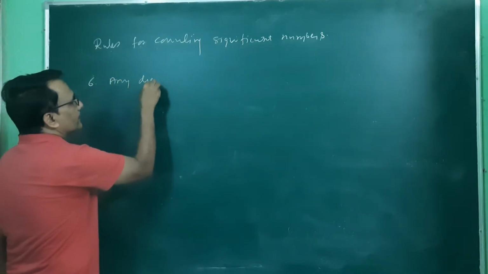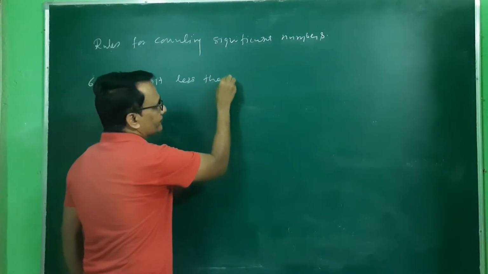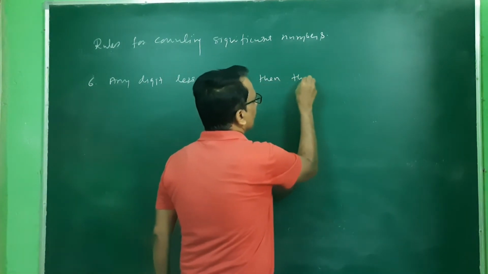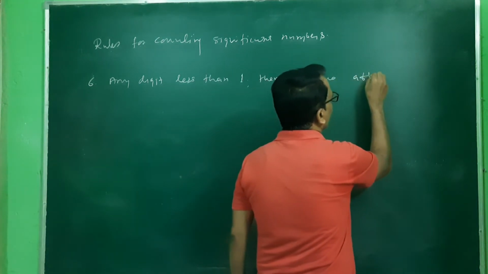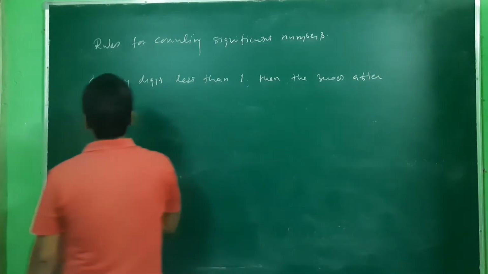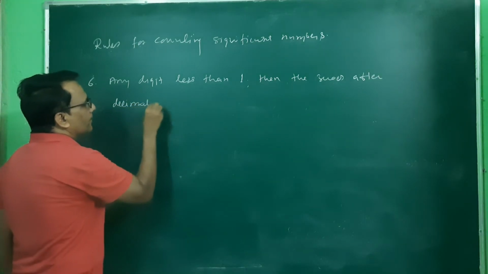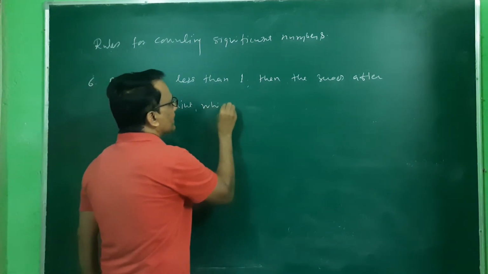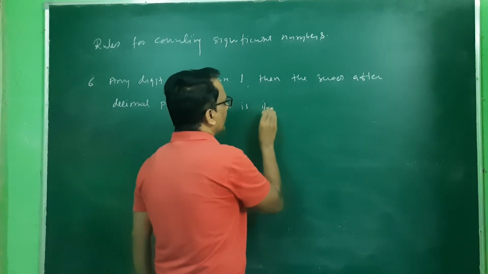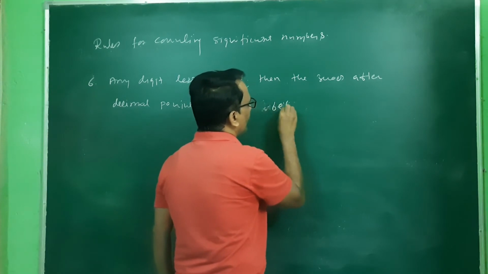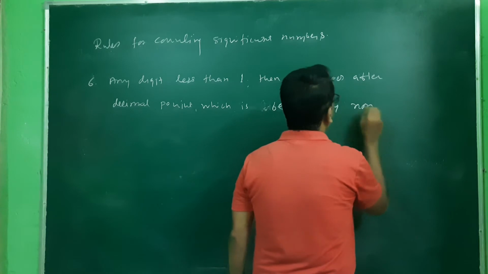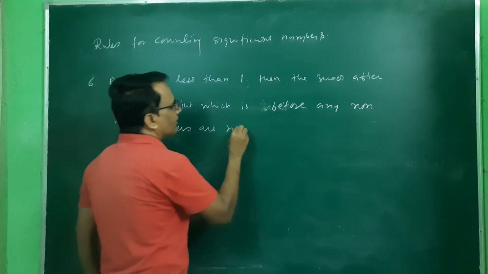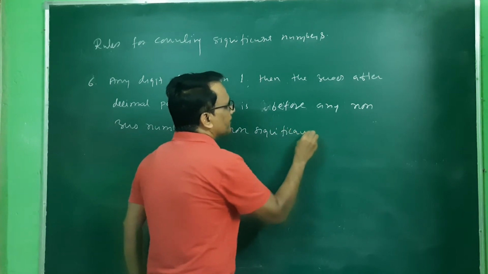Any digit less than 1, कोई digit है which is less than 1, then the zeros after the decimal point, which are before any non-zero number, are non-significant numbers.